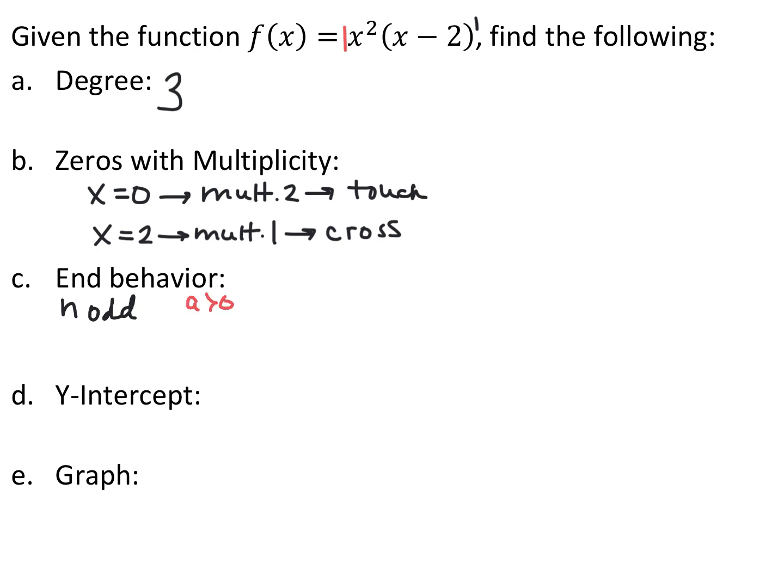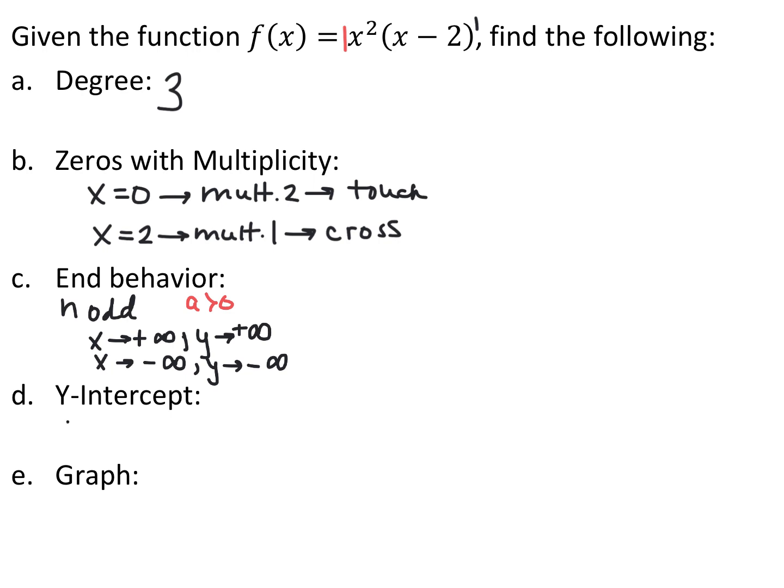So because our n is odd and our a value is positive, as x approaches positive infinity, our y coordinates are going to approach positive infinity. And as x approaches negative infinity, our y coordinates are going to approach negative infinity. They are going to end opposite.